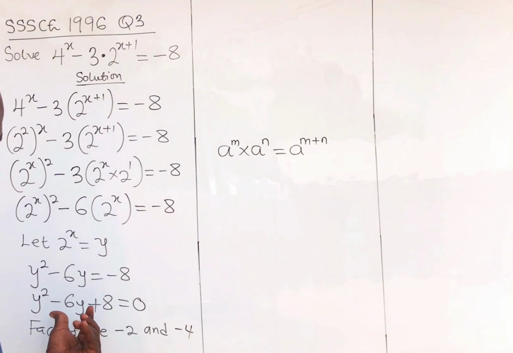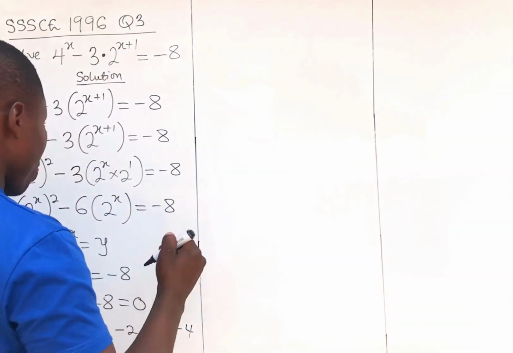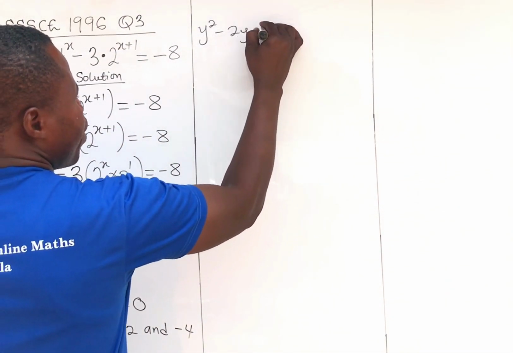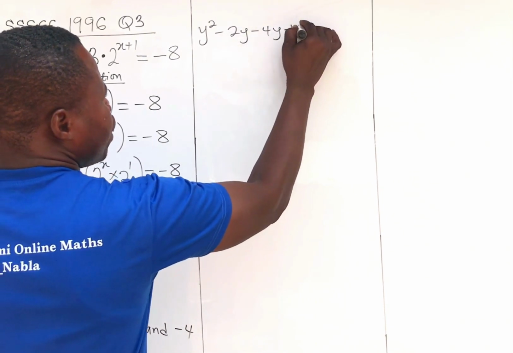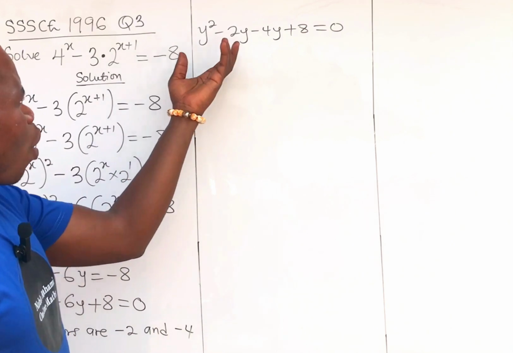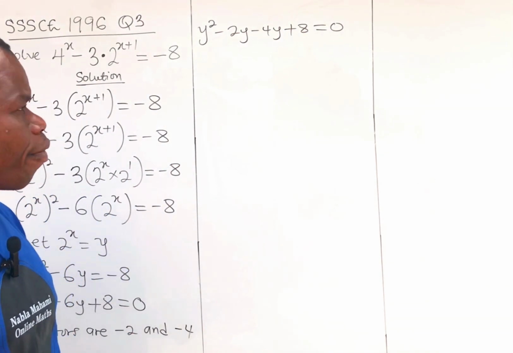So we can substitute these factors into this equation. That means that I will now have y squared minus 2y minus 4y plus 8 is equal to 0. I will now group them into two terms and then factorize my common factor.